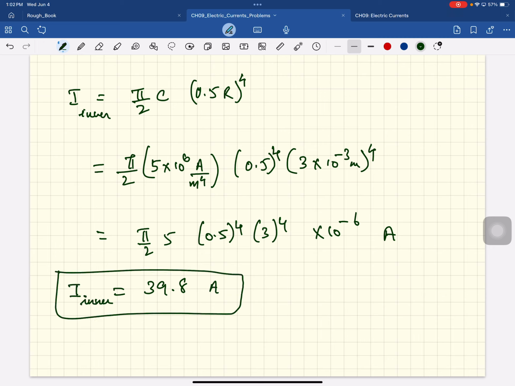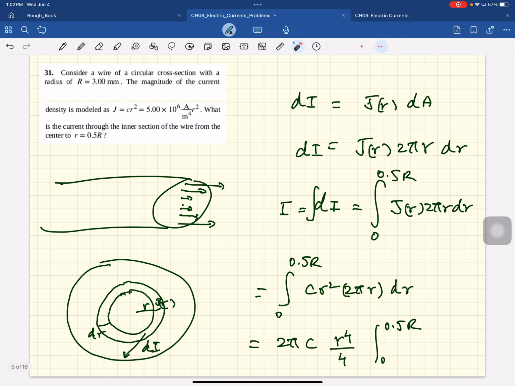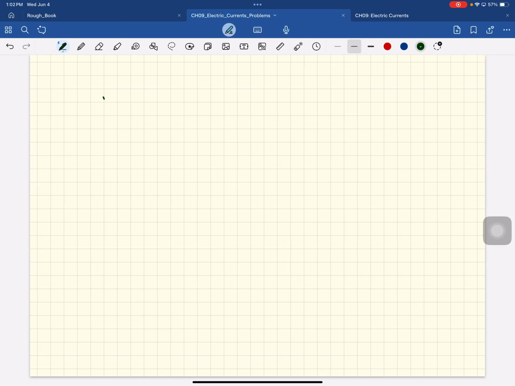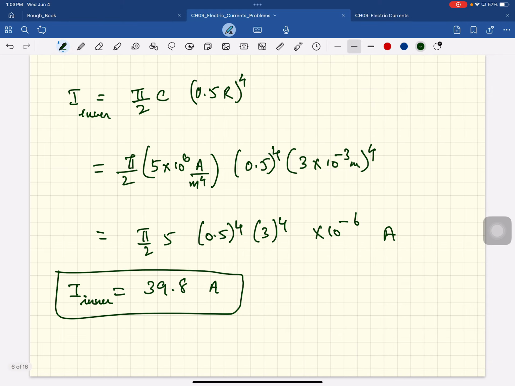Okay. So 40 microamps is flowing through the inner part of the wire. Let's calculate the current flowing through the outer part. What do you have to do to calculate the current through the outer part? All you have to do is change the limits, and the limits would be from 0.5 R to R. And this will be the same value here.